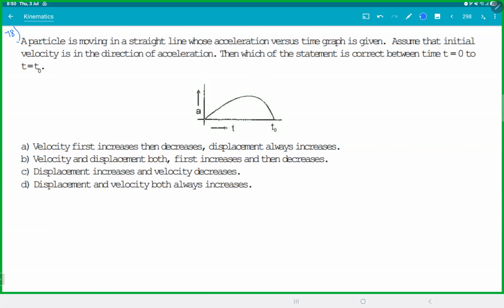So if you see the acceleration here, it is increasing and then decreasing. So is it multiple correct? If it is multiple correct, then give me the multiple correct answers.